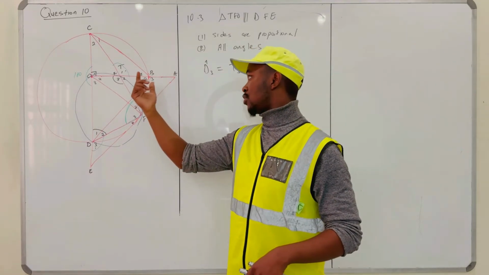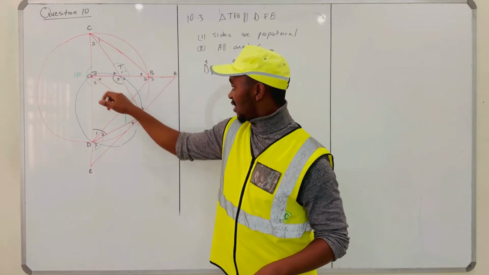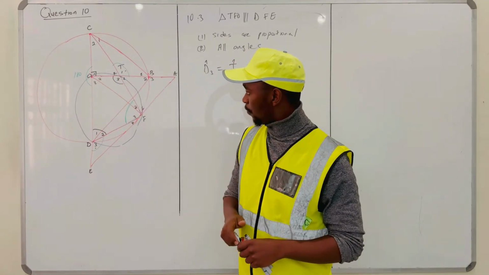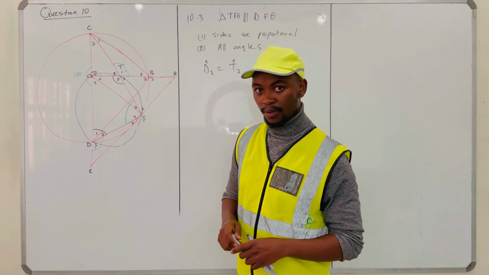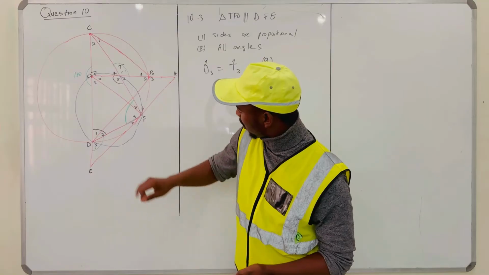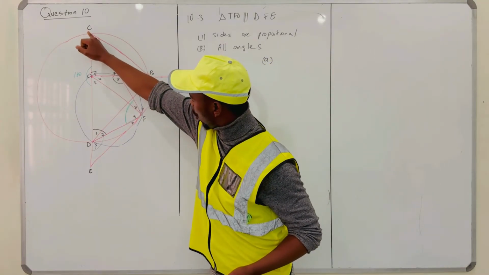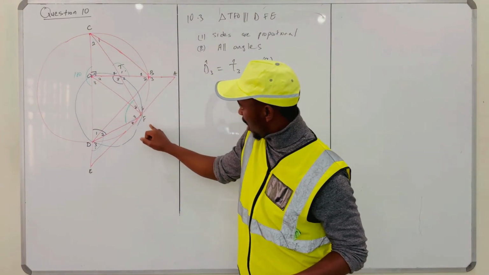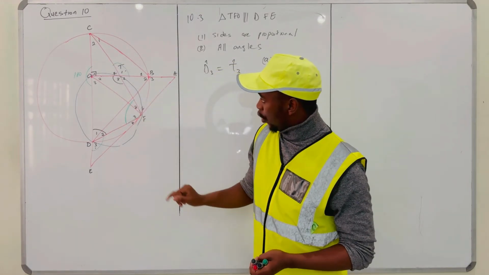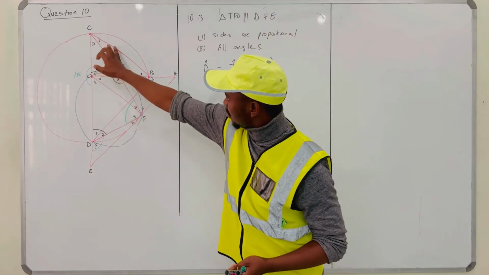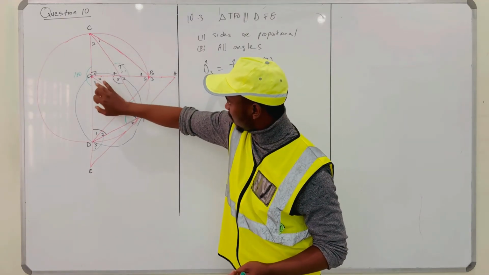Maybe let's go back to this triangle here, TFO. In TFO, we have angle F2. Angle F2 is between the chord CF and OF. But what is special about this chord and this line?